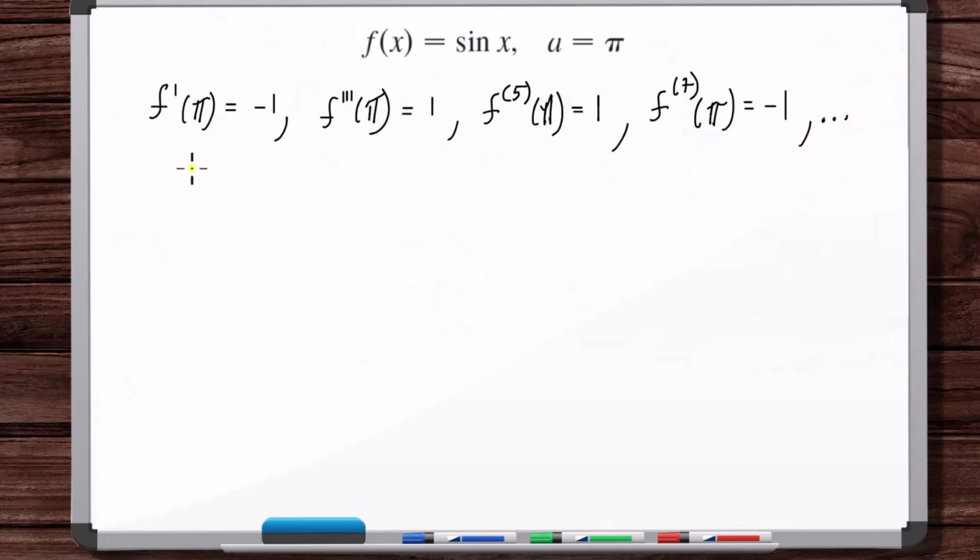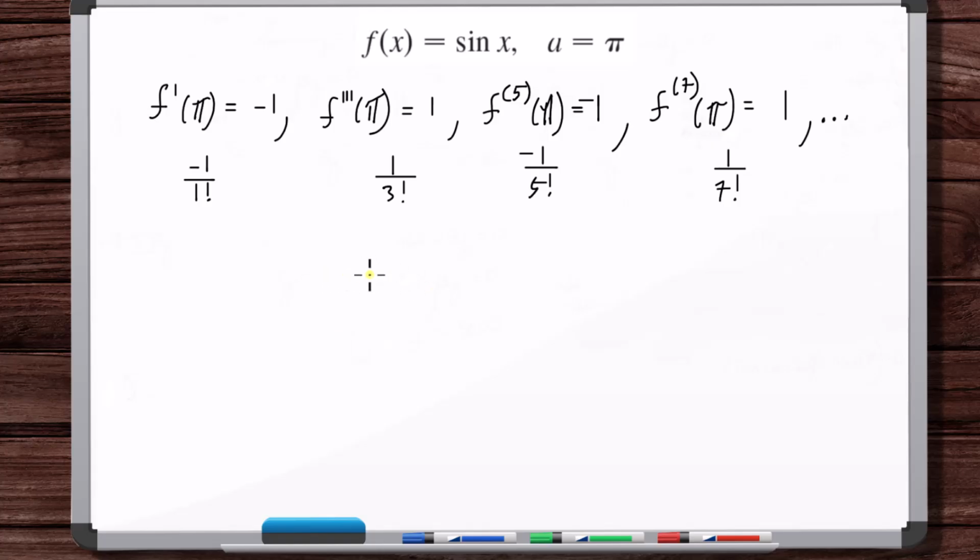So we've got -1 over 1 factorial, which is -1. Here we've got 1 over 3 factorial. Well, wait: -1, 1, -1. There we go. Like that. So now we can see the pattern clearly.